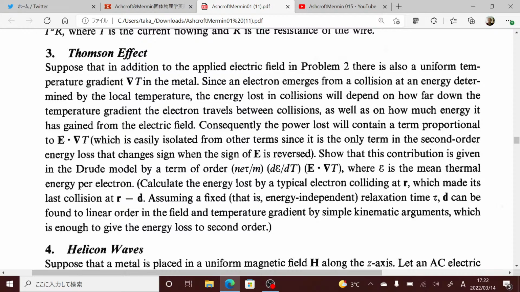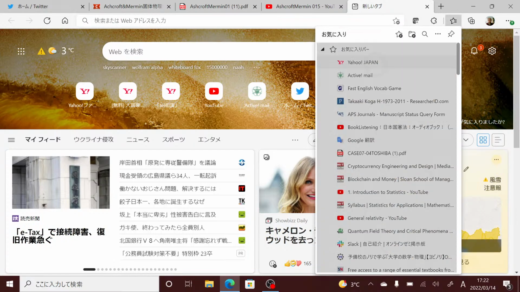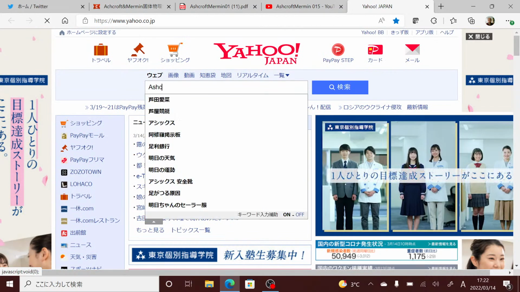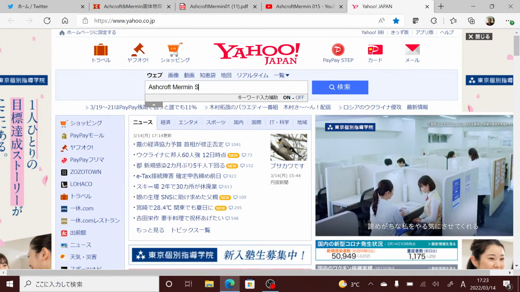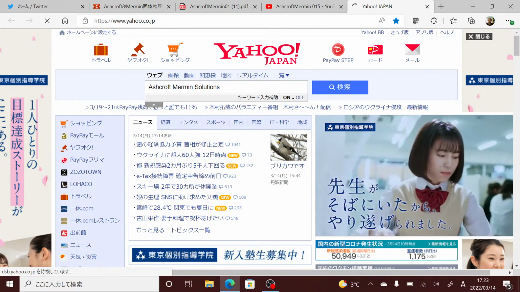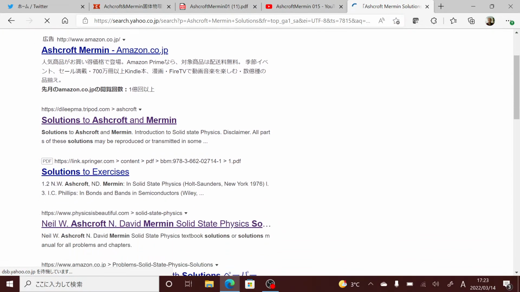Shall we check the solution first? Okay, let's see the solution. There's an Ashcroft-Mermin solution.